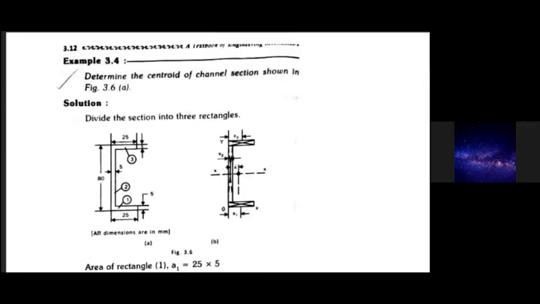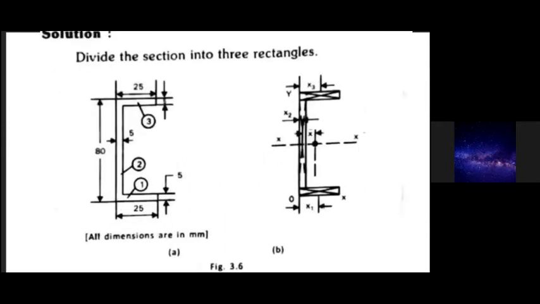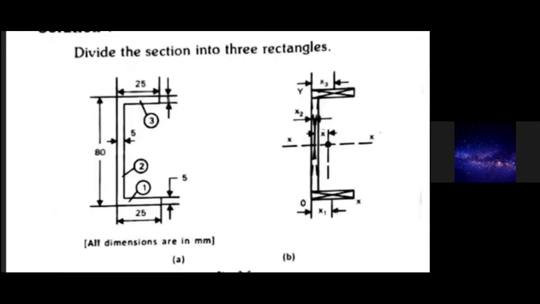The channel section is nothing but the C section shown in the figure, and the dimensions are given here. The vertical height is 80 mm, all dimensions are in mm, and the horizontal flanges, lower and upper, are both the same in dimension, 25 cross 5. The thickness of the channel is 5 mm.